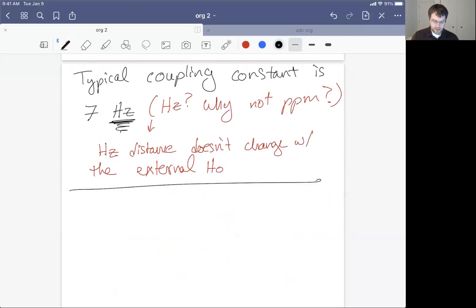Okay. One thing I want to emphasize before we move away from coupling is that it's just general. It's not subject to just being hydrogen atoms, but atoms in the same chemical environment do not couple each other.